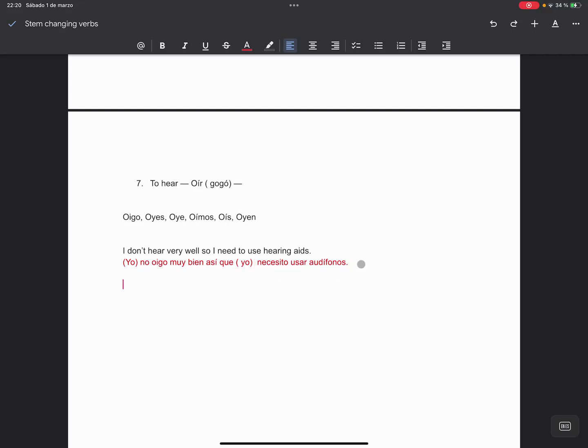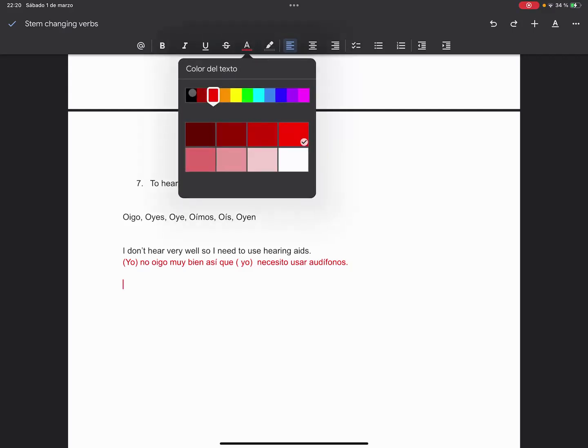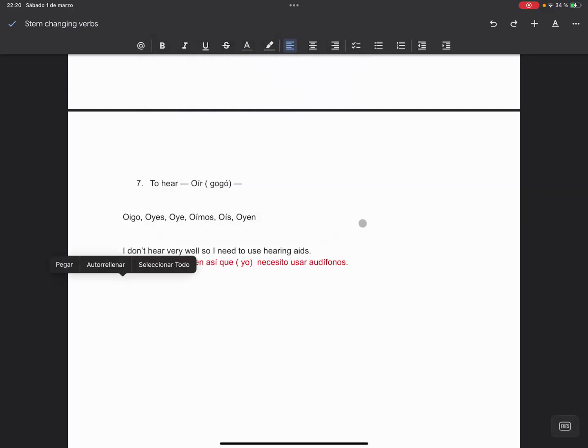Vale. One more. From here we hear our neighbors' music.